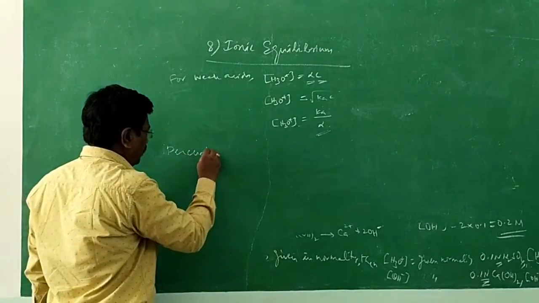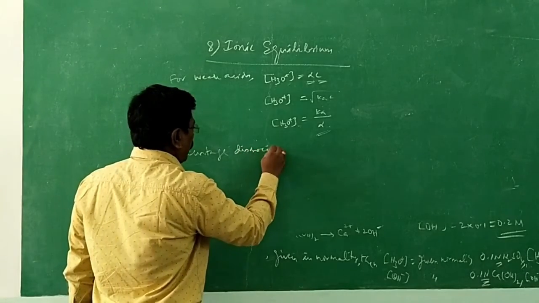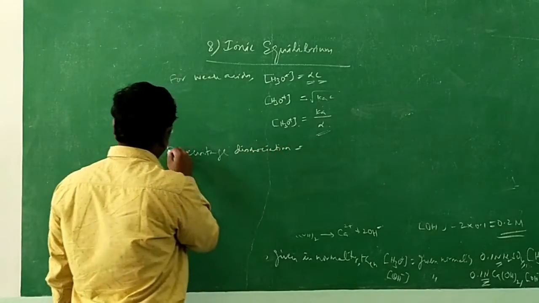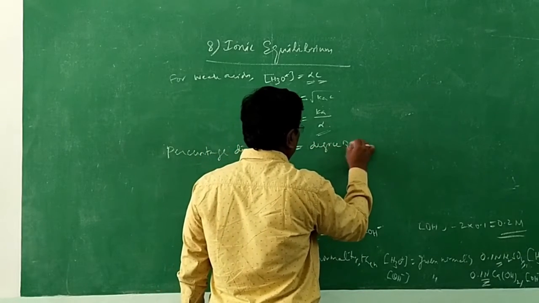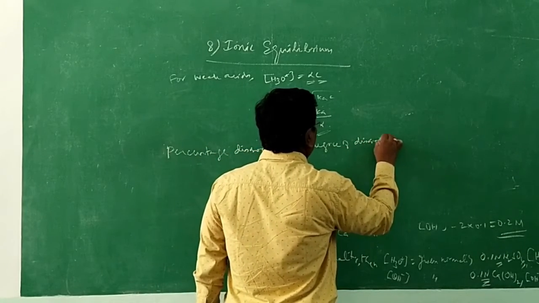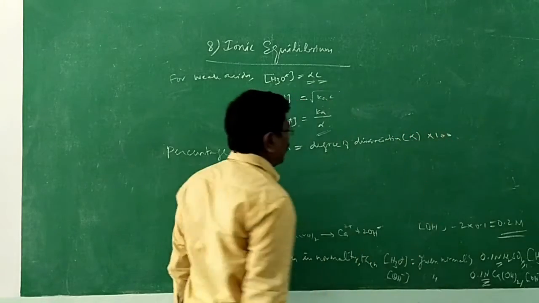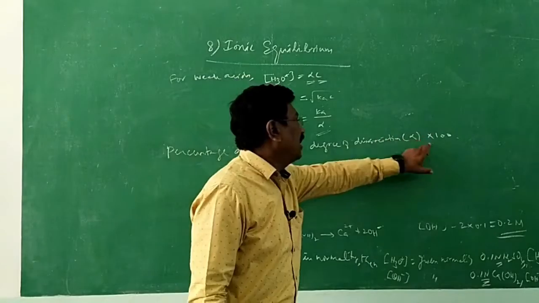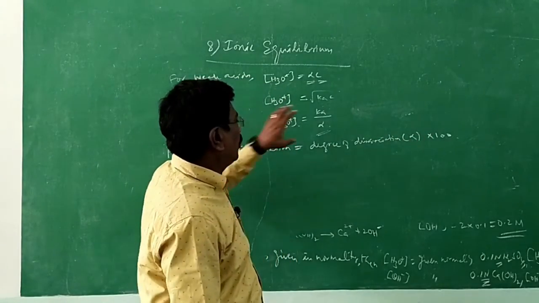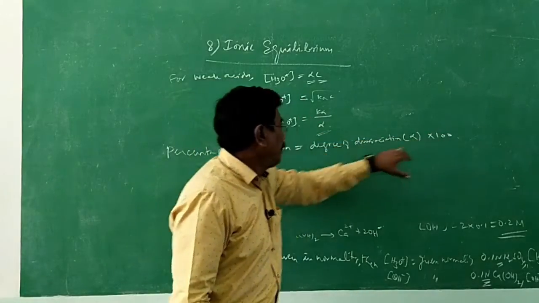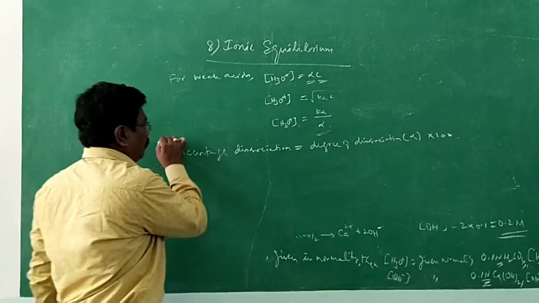Percentage of dissociation is equal to degree of dissociation alpha into 100. If degree of dissociation is multiplied with 100, you will get percentage of dissociation. If percentage of dissociation is given and you want degree of dissociation, you have to divide by 100. That also you should know.